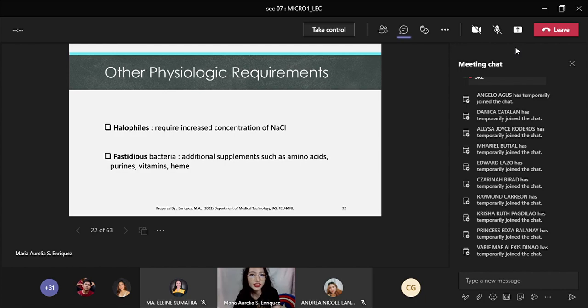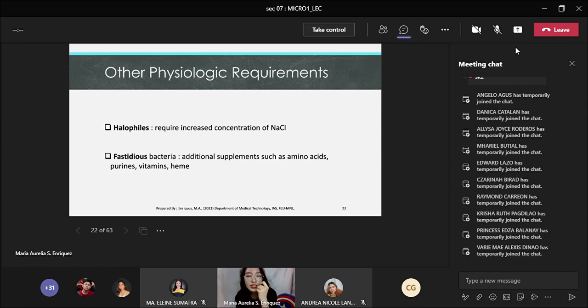Other terminologies that we need to be familiar with are halophiles and fastidious organisms. So halophiles, they thrive best in an environment with increased salt concentration. An example po nito, yung mga Vibrio species. So karamihan sa kanila, they could be recovered or isolated from bodies of salt water.